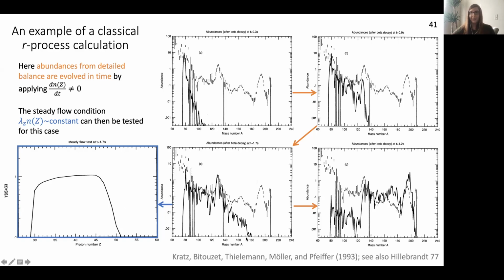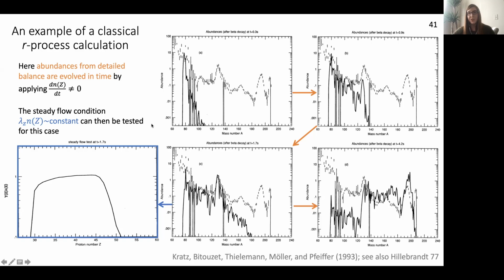Additionally, what they've done is to demonstrate that at this intermediate time here, your steady flow is a pretty decent assumption, because this is your quantity here, your abundance times your rate. At a couple of neutron numbers, this is pretty much flat, okay?